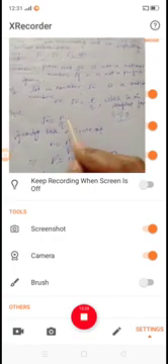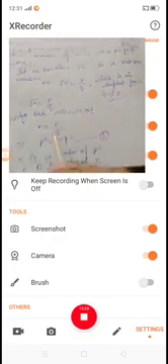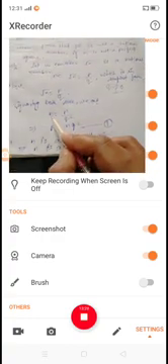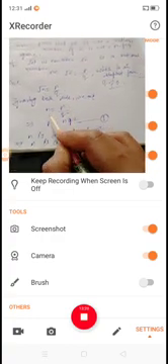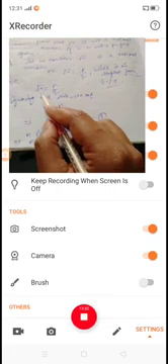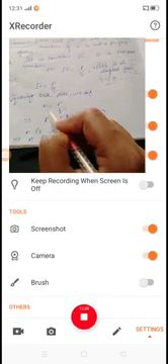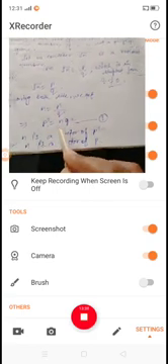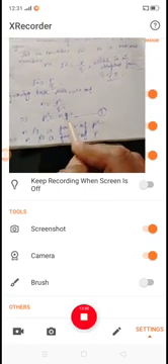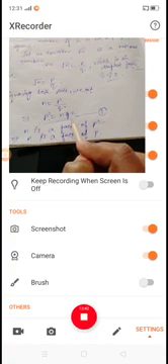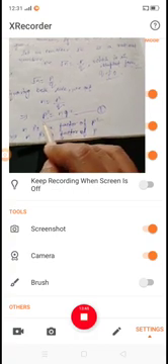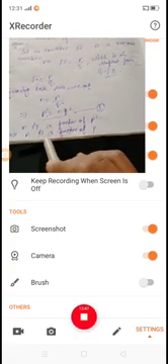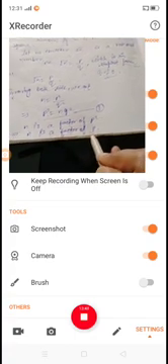Squaring both sides, we get n is equal to p square by q square. After cross multiplication, we get p square is equal to n q square. This says that n is a factor of p square, that is, n is also a factor of p.